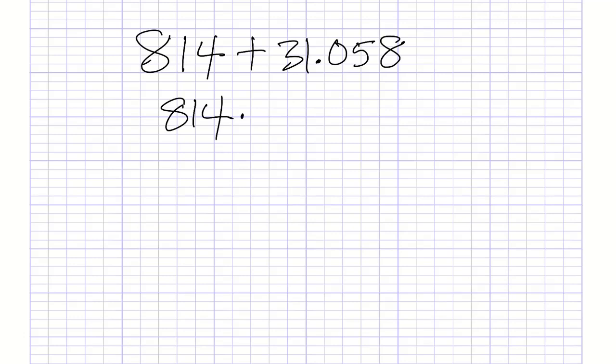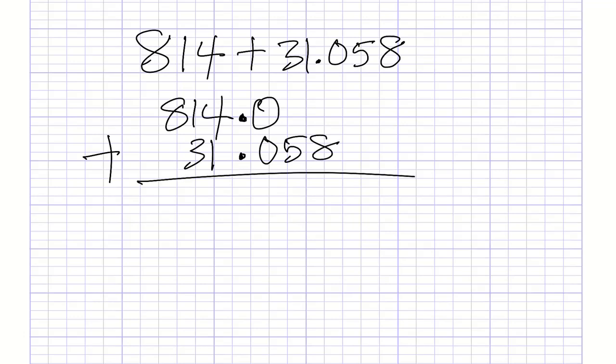Realize that I can write that as 814.0. It doesn't hurt anything to put 0 there. You didn't add anything to the value of 814. It helps you to organize, you see. So then you say plus, you bring the other one, 31, dot, see, line the dot up, 058. That's all. Right? There's a 0 here, 0 here, 0 here, but it doesn't matter.